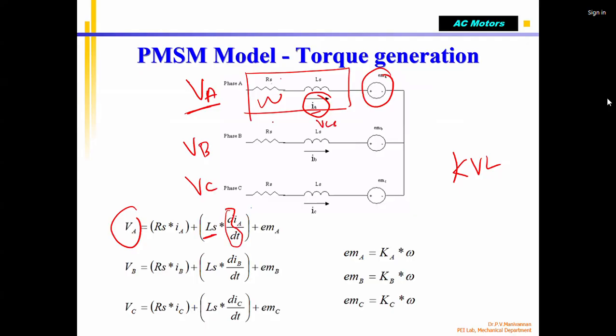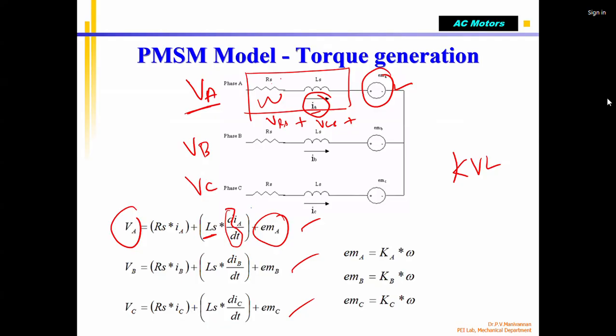I can say VLS and VRS. These two, plus the back EMF generated. So, according to KVL, for each phase, we have three voltage equations for phase A, phase B, and phase C. What is the back EMF? We know about back EMF already from when we talked about motors.